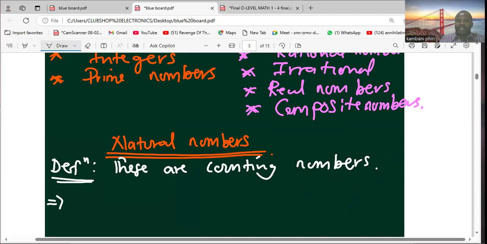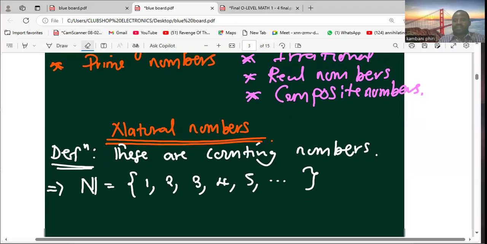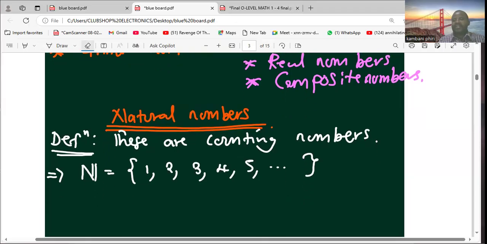The symbol is N, and we start from 1, 2, 3, 4, 5, up to positive infinity.